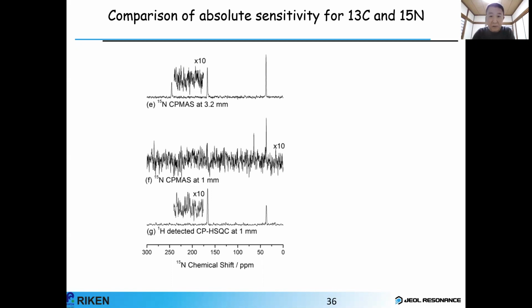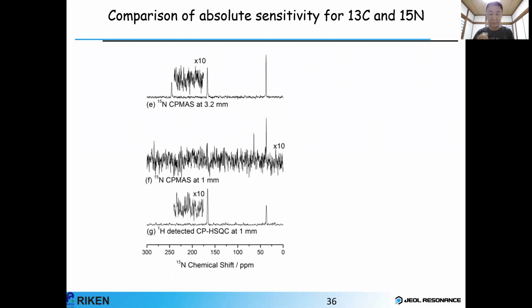I don't get the question exactly, but generally, in the case of spin-half nuclei, if we want to excite a broad range of the spectrum, we should use a hard pulse, and if we use a soft pulse, we can limit the excitation range and use it as a selective pulse.